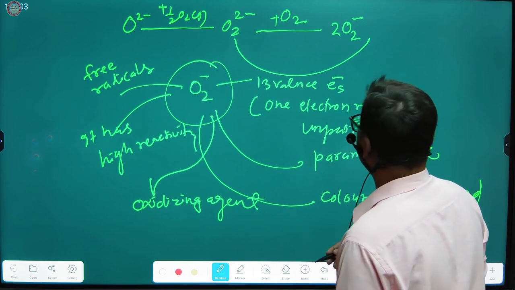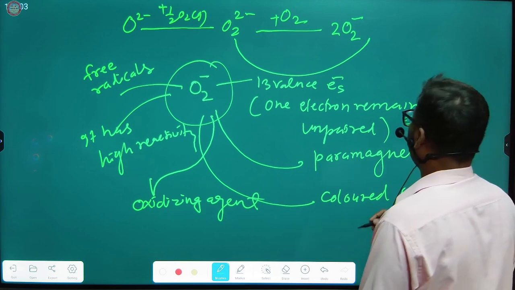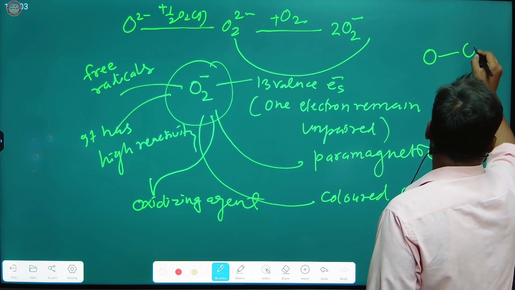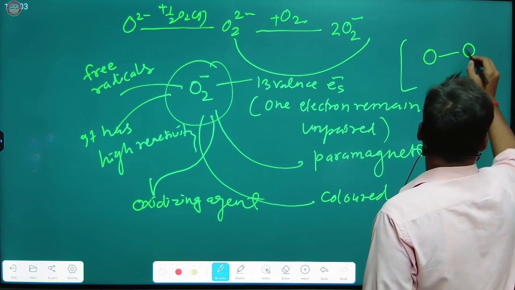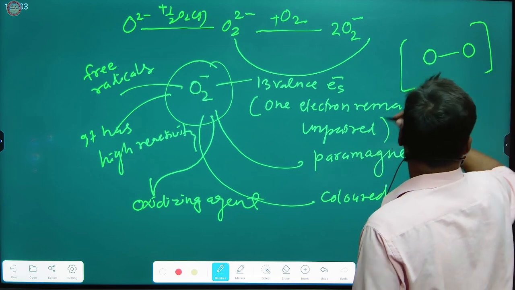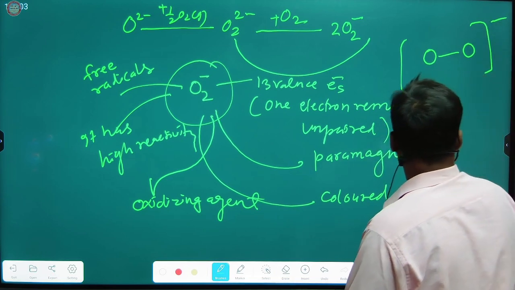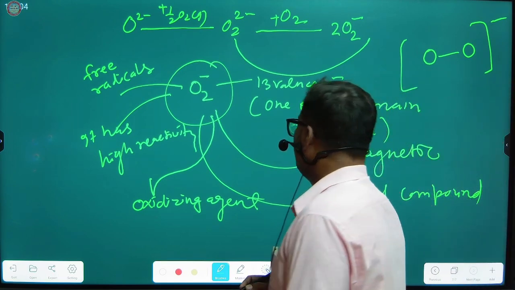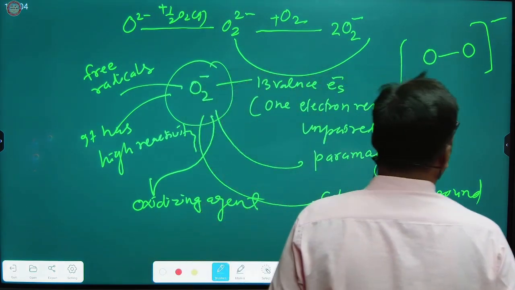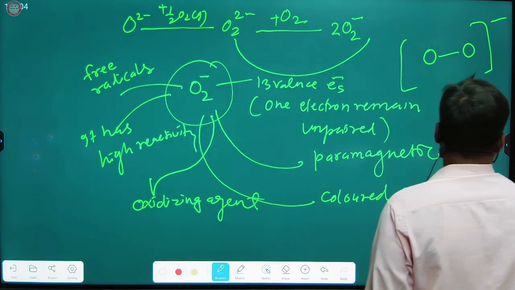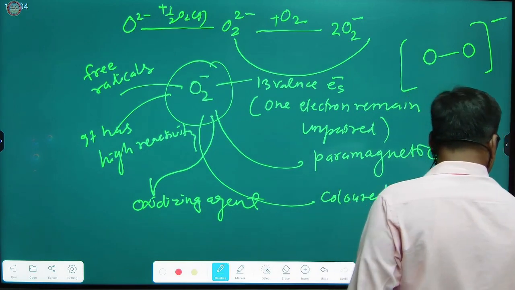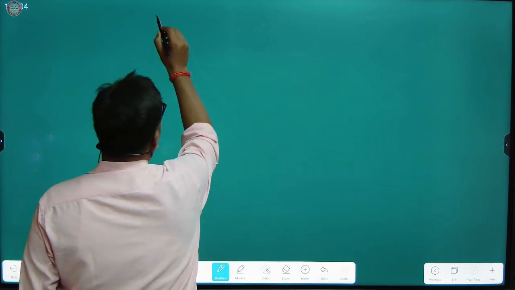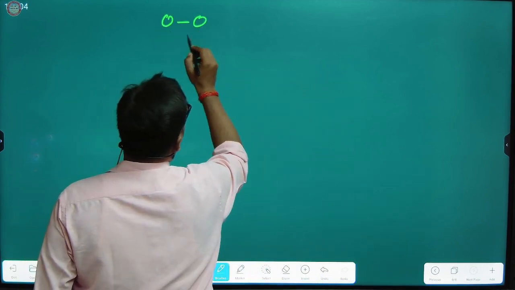And the structure of this superoxide ion is O and O, right? Overall it carries one negative charge, okay? So this O-O bond exists with overall minus one charge. So what oxidation state does the oxygen atom carry?